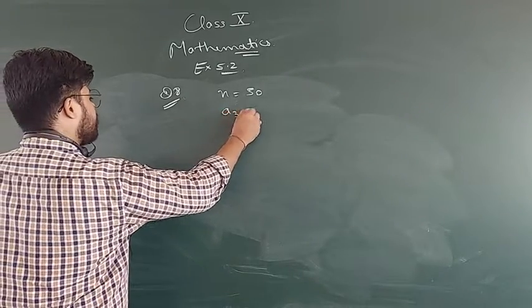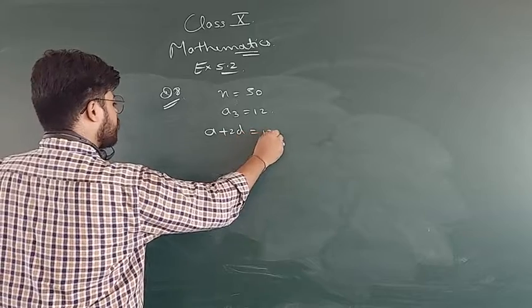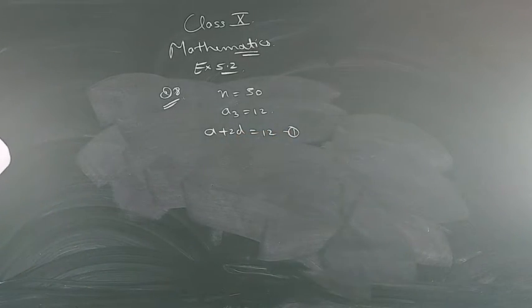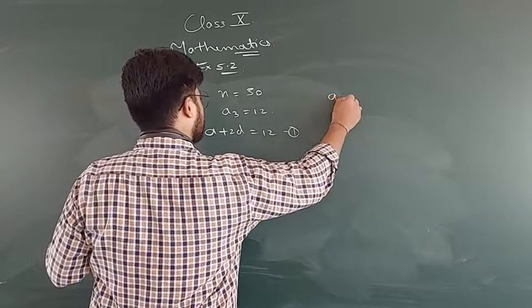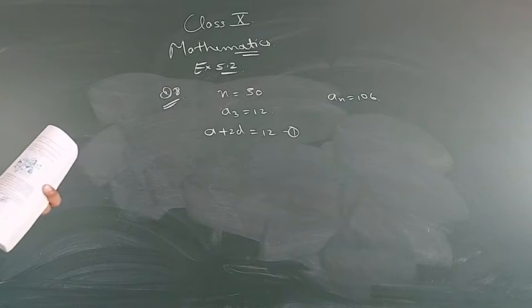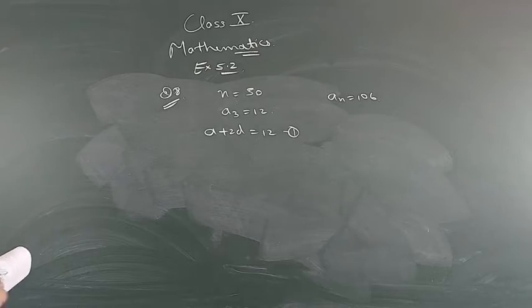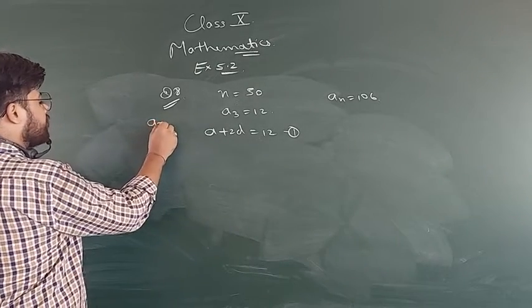Means A3 is given as 12, so we can write A plus 2D is equal to 12, equation first. And the last term an is given as 106. Find the 29th term, A29.